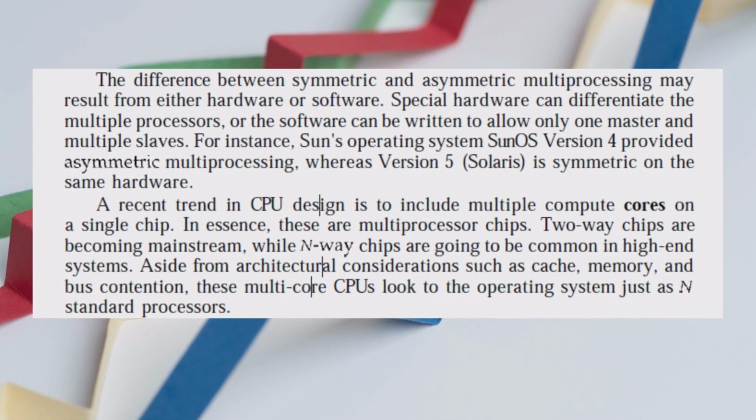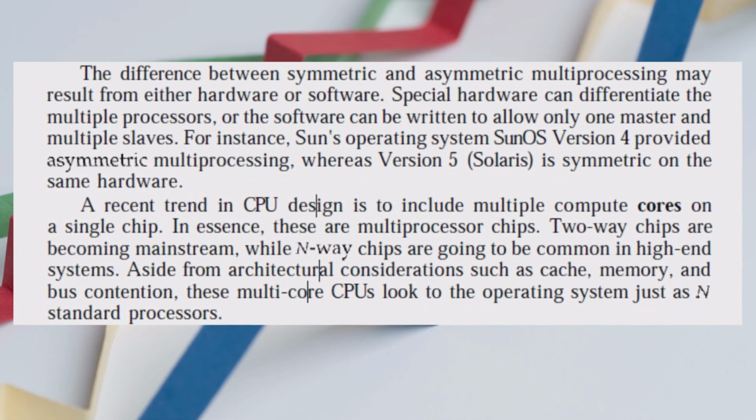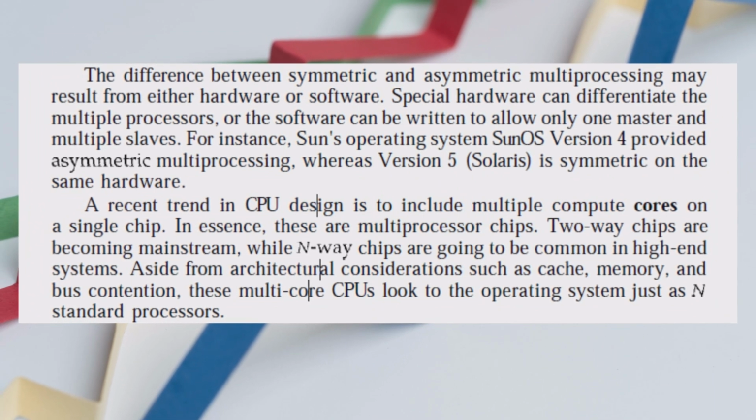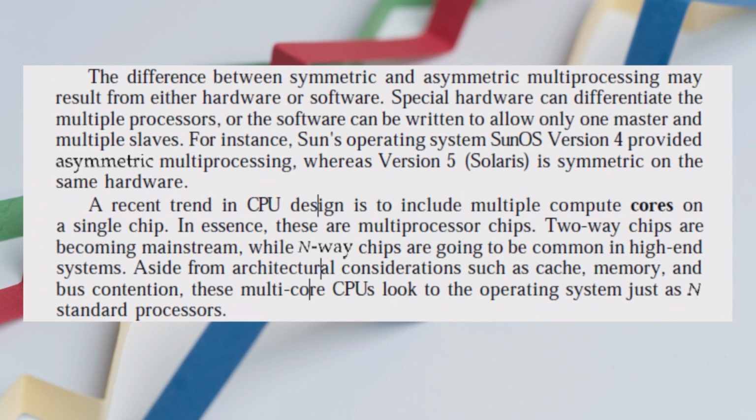The difference between symmetric and asymmetric multiprocessing may result from either hardware or software. Special hardware can differentiate the multiprocessors, or the software can be written to allow only one master and multiple slaves. For instance, Sun's operating system SunOS version 4 provides asymmetric multiprocessing, whereas version 5 is symmetric on the same hardware.